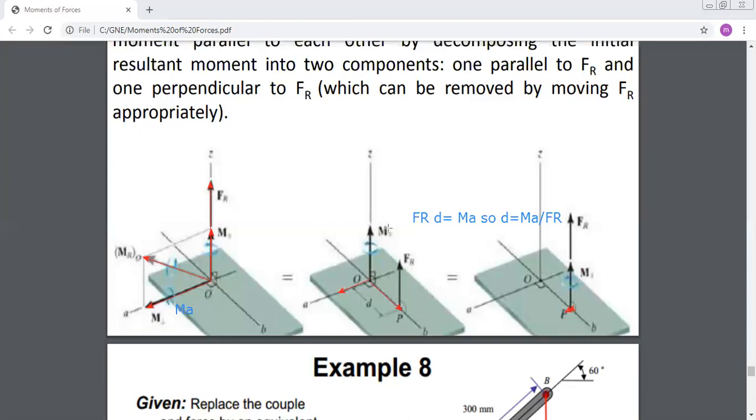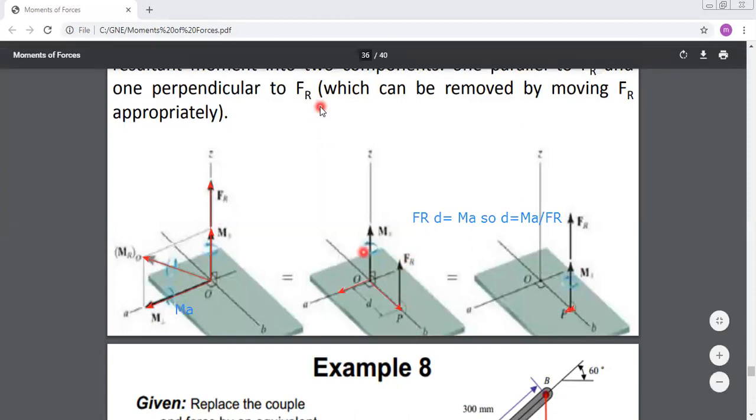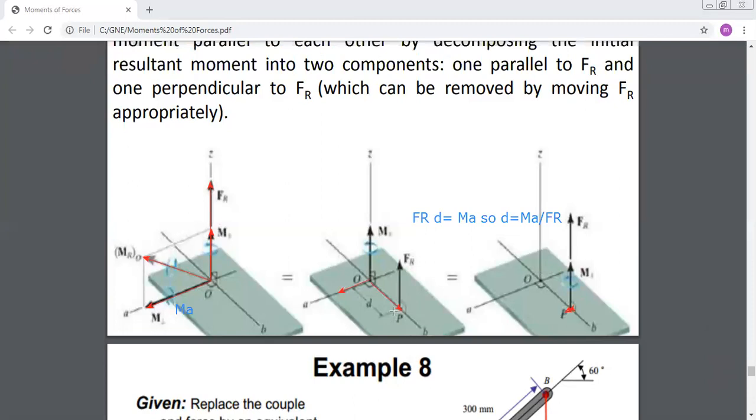Okay. Look, if you take FR and you want to find the moment of FR about this axis, what do you do? You take your right hand and you put your four fingers along F. So if I want to draw them in a certain way, these are my four fingers.